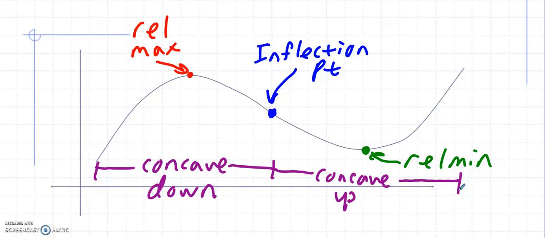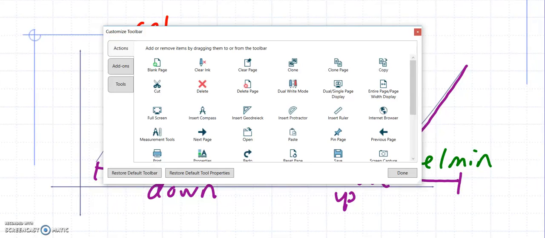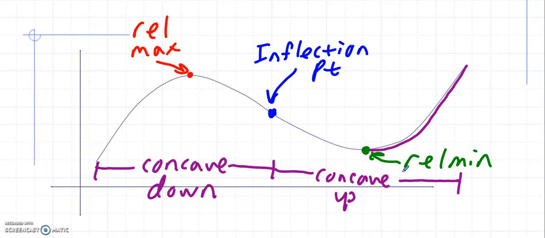We've also talked about increasing and decreasing as well. So I know that the function is increasing along here. Oops, sorry about that. The function is decreasing along here and along here.